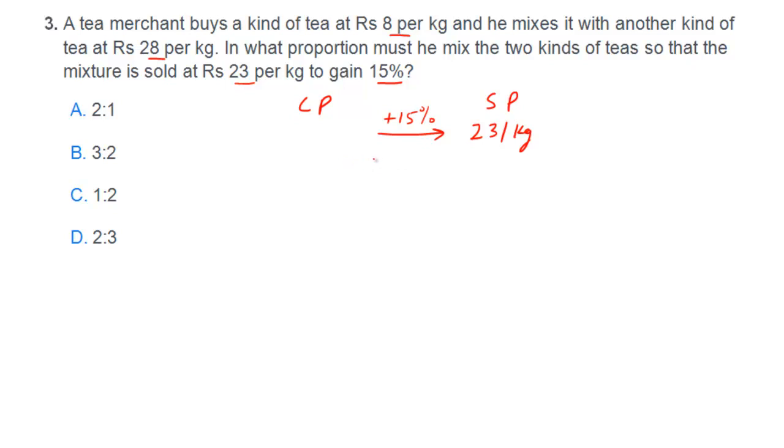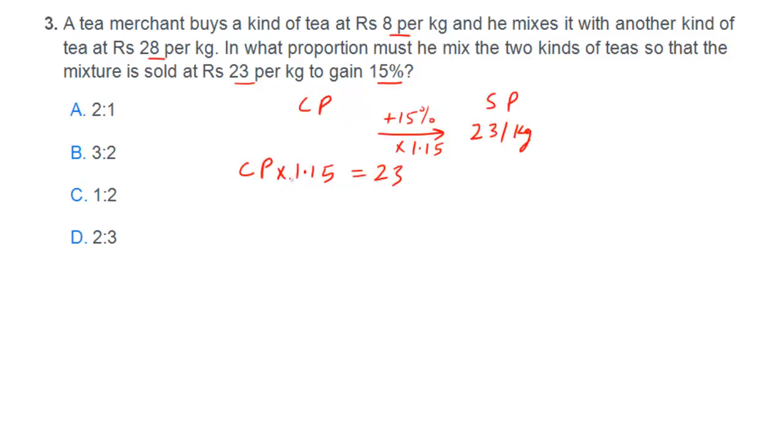So I can just write one equation, CP multiplied by 1.15 is equal to 23. So why am I writing this equation? Because if you multiply CP by 1.15, that means 115%. So 15% profit means 115% of CP.